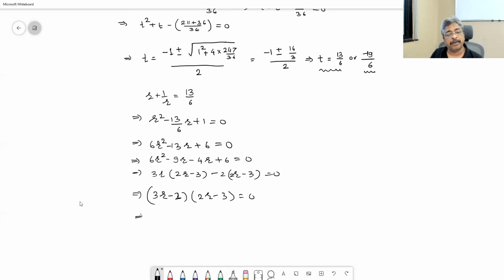Okay, and therefore R is equal to 2 by 3 and R is equal to 3 by 2.